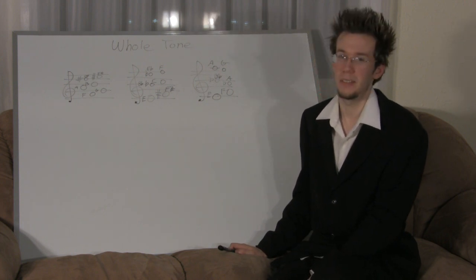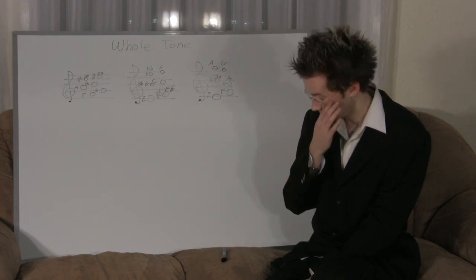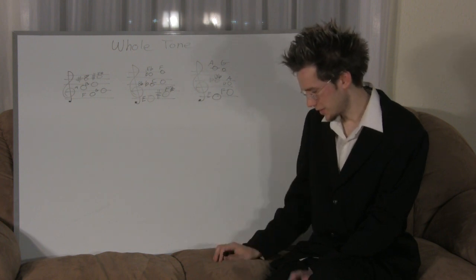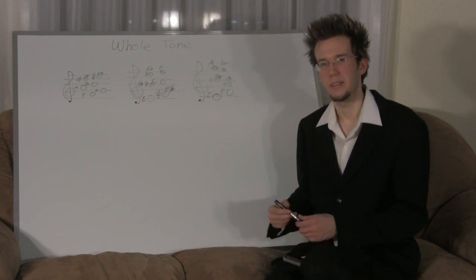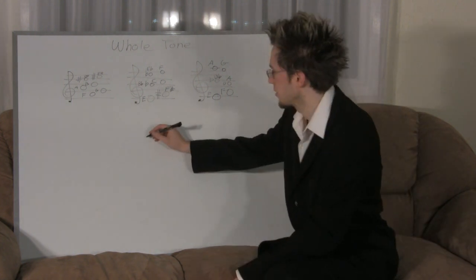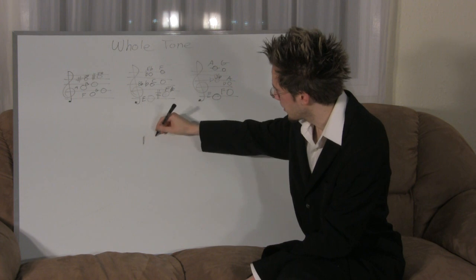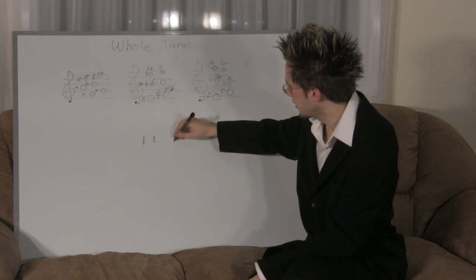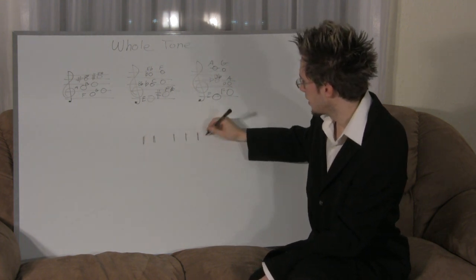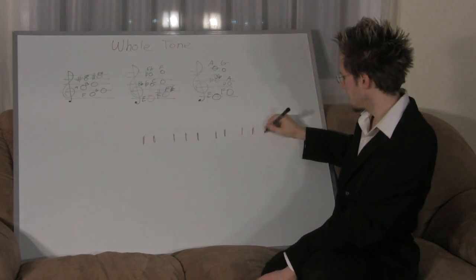The only way you can really know is to visualize where the whole tones are. Now, why it's so difficult is because on a keyboard, which is probably the best illustration of why it's difficult, my marker is not working very well. I need to get a new one. Okay. Now, see how we have these groups of 2 and 3?